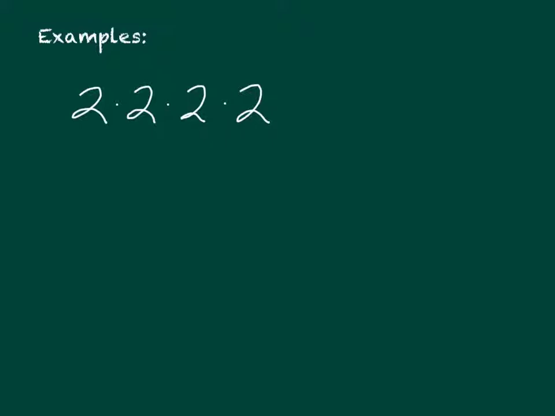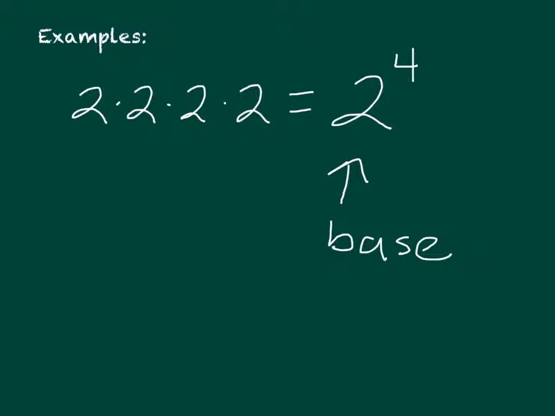So in this case our base is going to be 2. And how many times is that factor of 2 being multiplied? It's being multiplied 4 times. 1, 2, 3, 4 times. So that's going to be our exponent of 4.